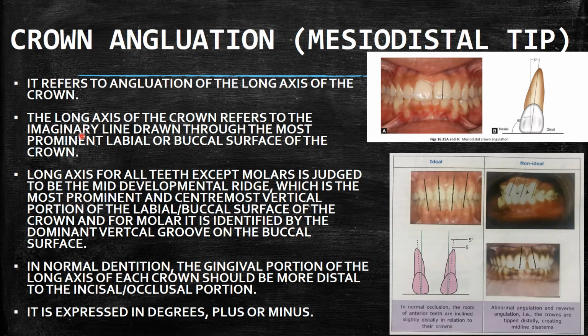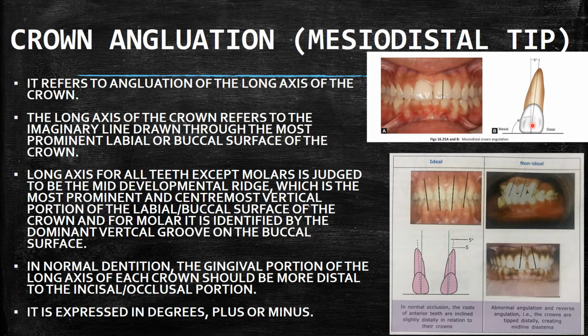The long axis of the crown refers to the imaginary line which is drawn through the most prominent labial or buccal surface of the crown.